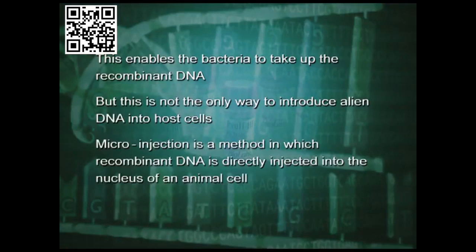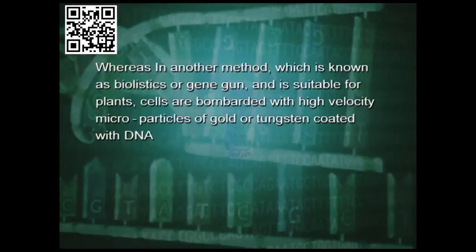Microinjection is a method in which recombinant DNA is directly injected into the nucleus of an animal cell. Whereas, in other methods, which is known as biolistics or gene gun and is suitable for plants, cells are bombarded with high velocity microparticles of gold or tungsten coated with DNA.